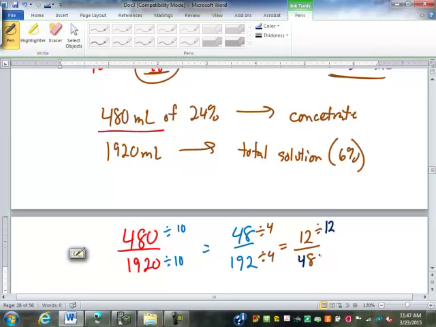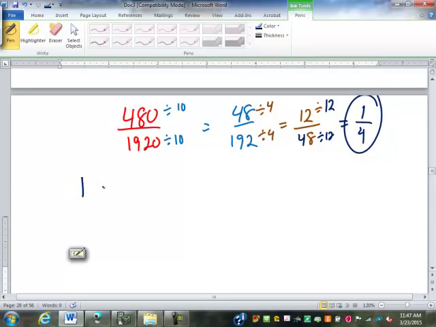And both of those can be divided by 12 to give me 1 in 4. So this is a 1 in 4 dilution.